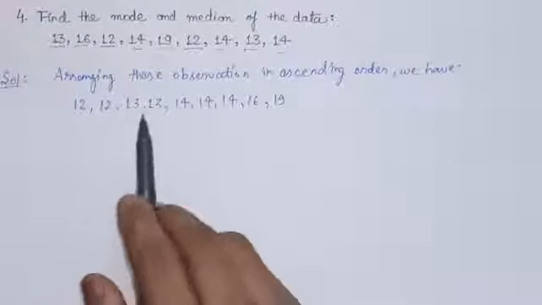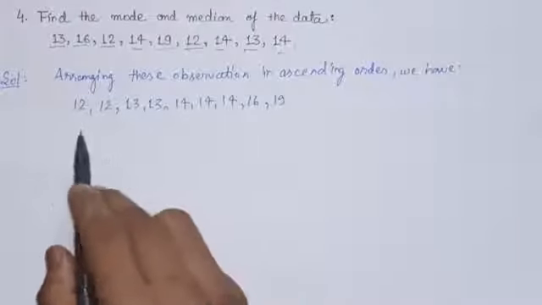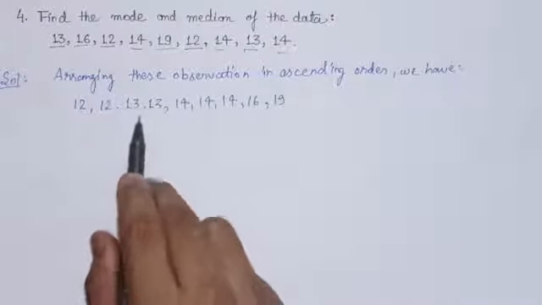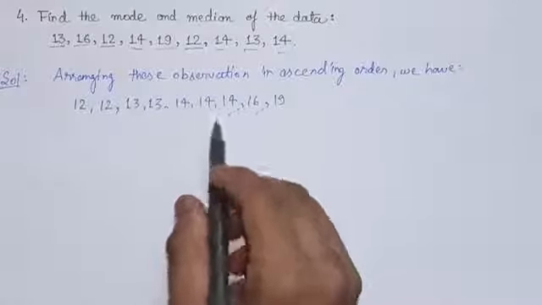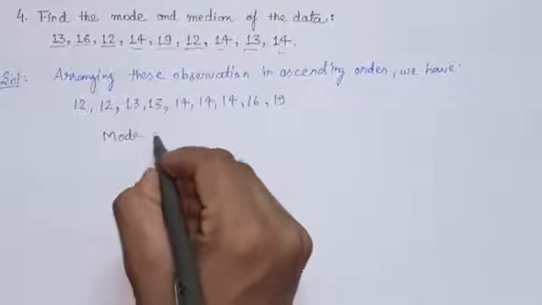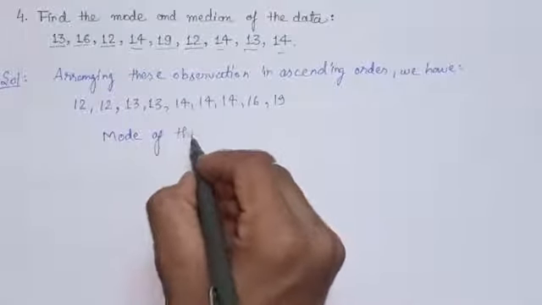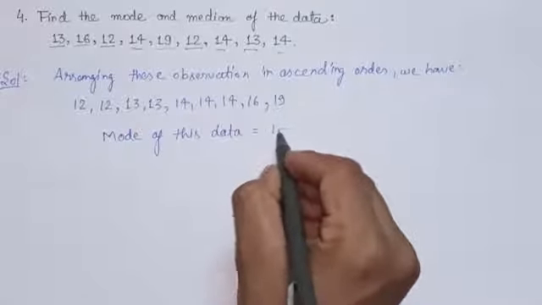Now we have to find the mode and median of this data. You can see 12 has occurred 2 times, 13 has occurred 2 times, 14 has occurred 3 times, which is the largest. That's why the mode of this data is equal to 14.